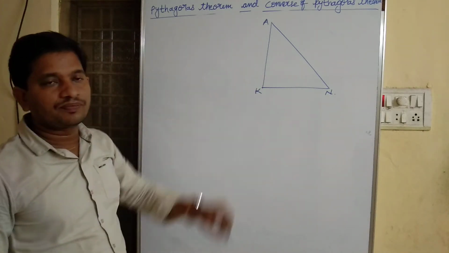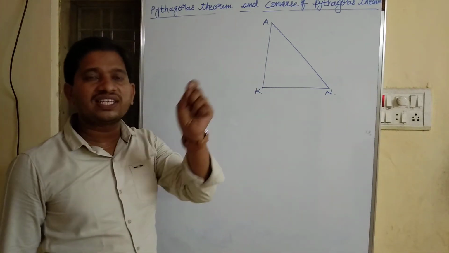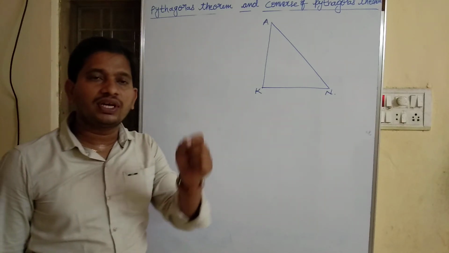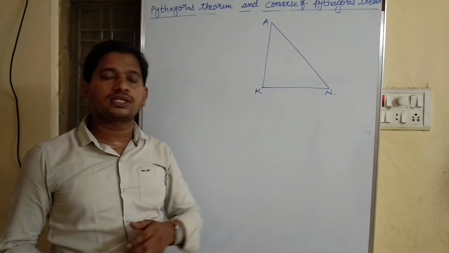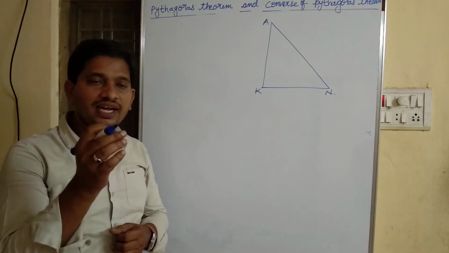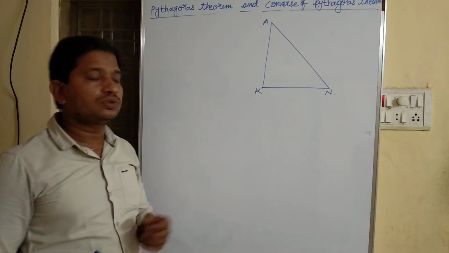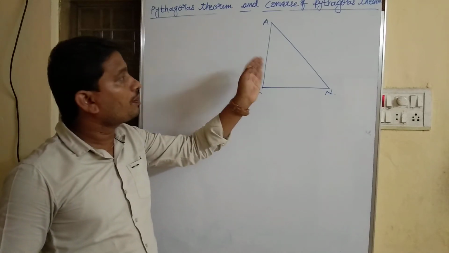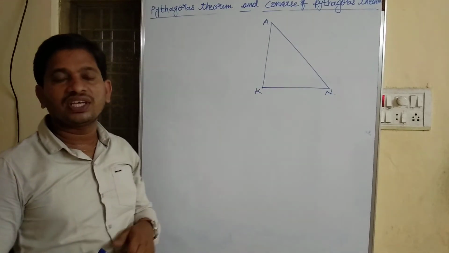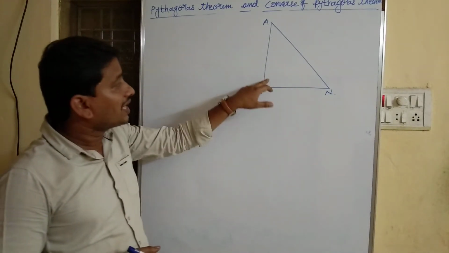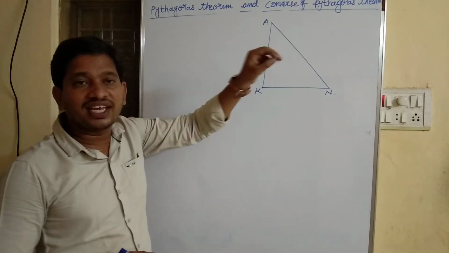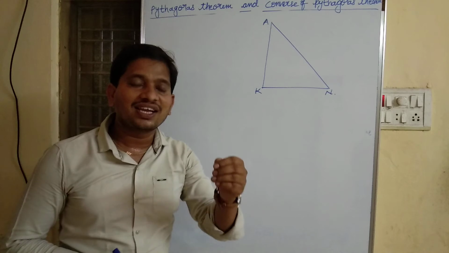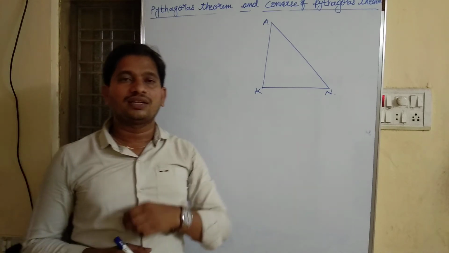In a triangle, the square of one side is equal to the sum of the squares of the other two sides. Then the angle opposite to the first side is a right angle, and that triangle is said to be a right angle triangle.